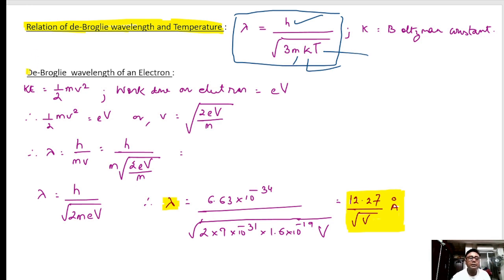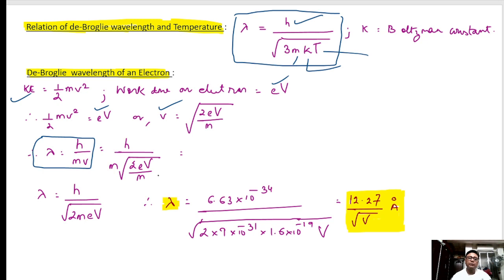Next is the de-Broglie wavelength of an electron. I want to find out what the de-Broglie wavelength is for an electron. So this is the kinetic energy formula. Half mv square equals eV, and the velocity of the particle can be found out. Now we know wavelength equals h by mv.